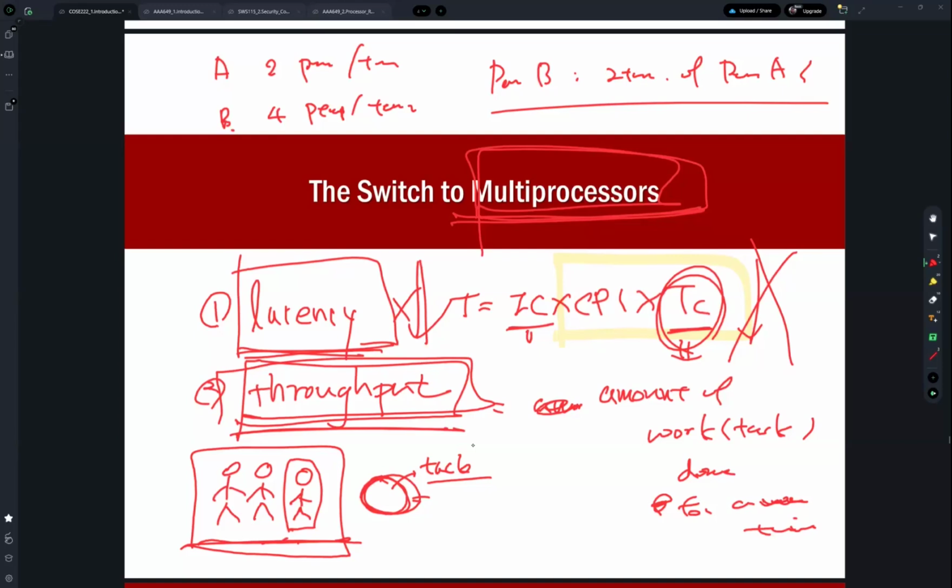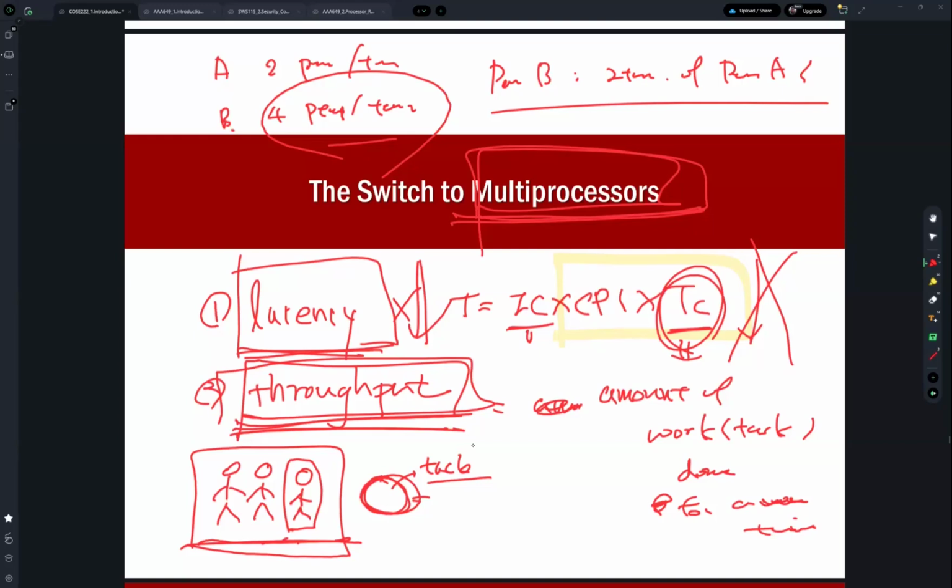In real life, even though n people are participating in a team, the performance cannot be n times. There are many factors. To increase the performance, we need to split the task into n parts, but actually not all tasks can be split or divided.